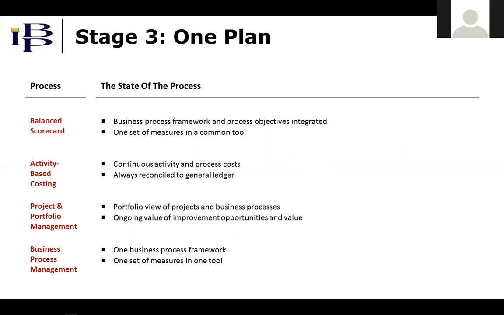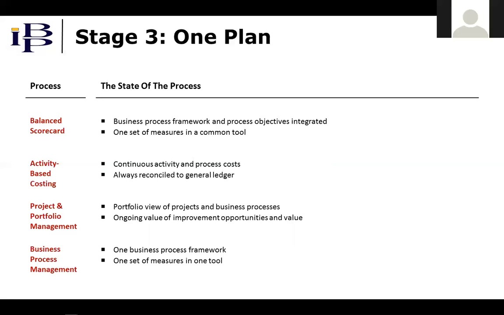So from a balanced scorecard perspective, one of the things that we start seeing is that the business process framework and business process objectives are now integrated into a balanced scorecard. And there's one set of measures in a common tool. So you don't have a separate balanced scorecard system and a separate business process management system. Activity-based costing, you see that continuous activity costs and process costs are always reconciled to the general ledger.